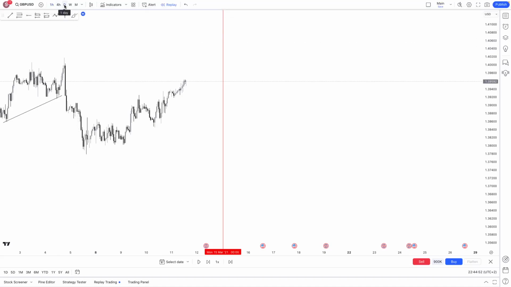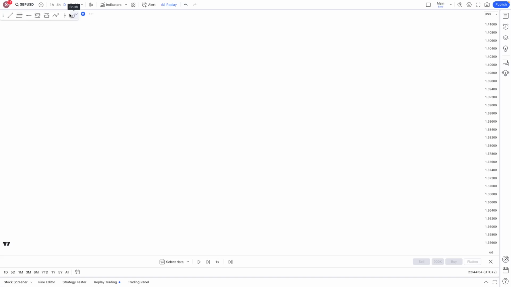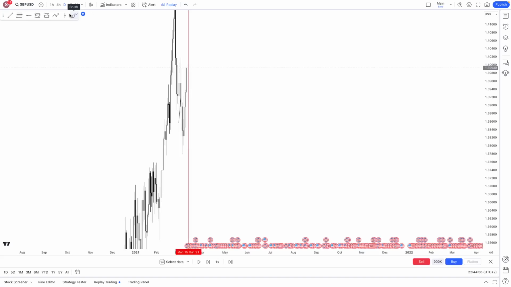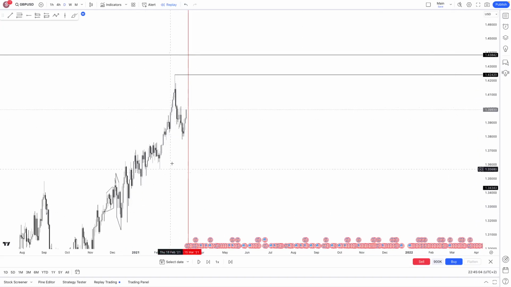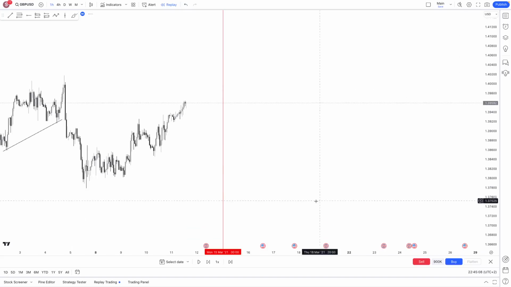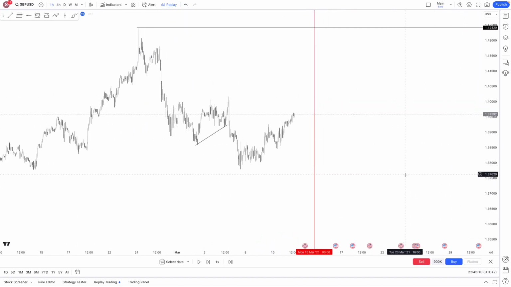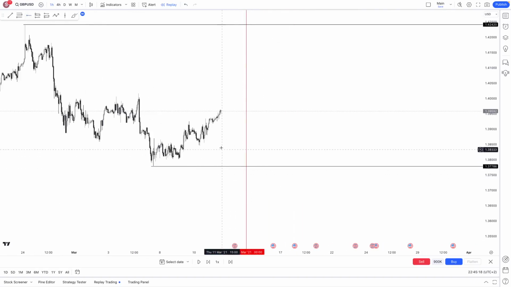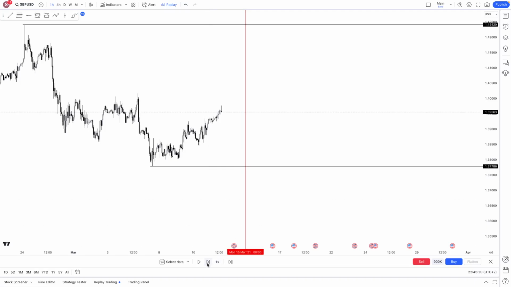So I just want to see how it looks like on the higher time frame. So we might see continuation to the upside. However, I'm not really convinced as yet. So we'll see how this develops.